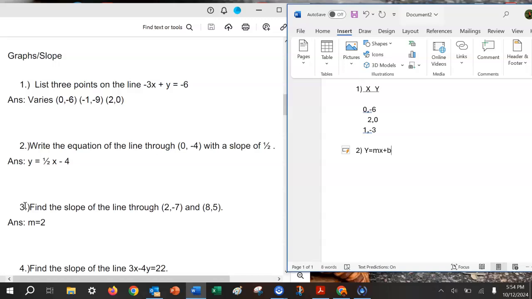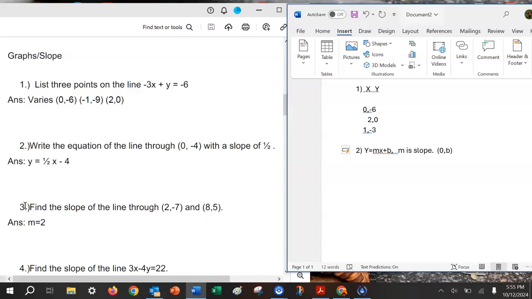Usually y is lowercase, but that's okay. In this form, m is the slope, and (0, b) is the y-intercept.